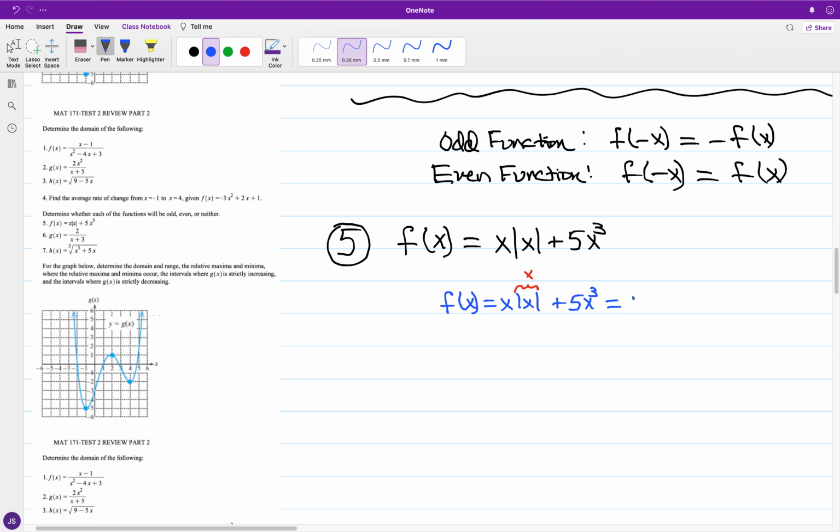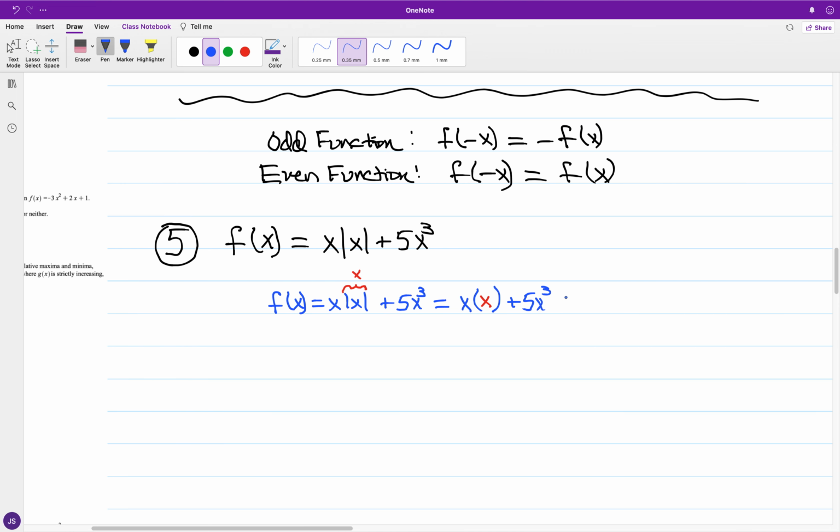And for f of x, we can say we have x times x plus 5x cubed, and so that is going to become x squared plus 5x cubed.